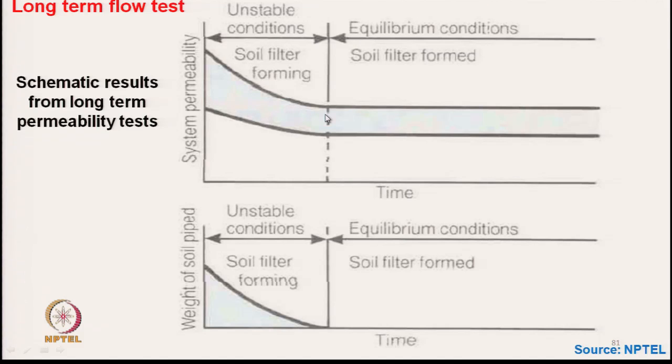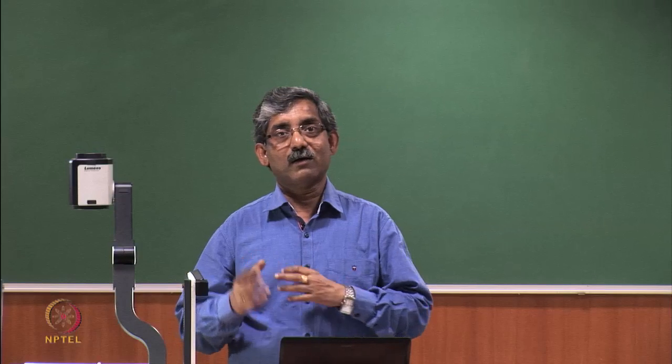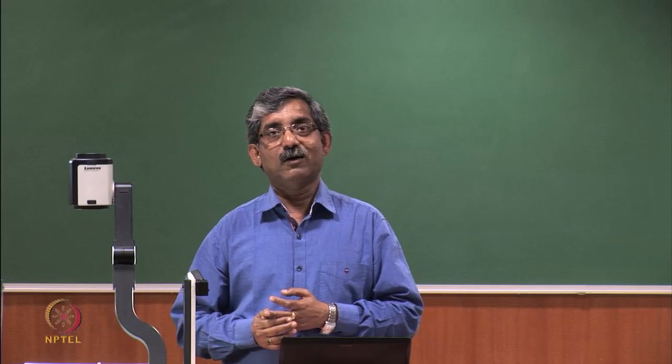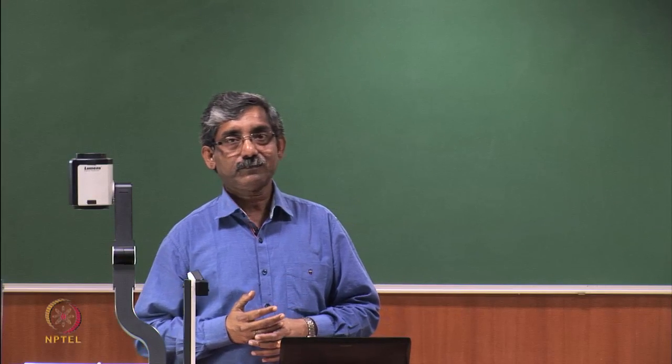It is constant flow and the proper formation of filter took place. So, there is no piping taking place. This is the equilibrium condition, this will go on for a long time, and from here we can measure the long term flow characteristics of the geotextile material.